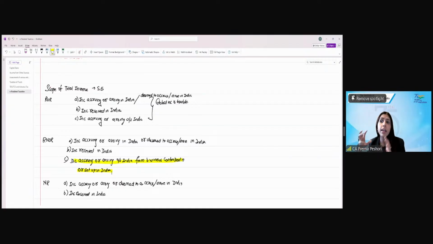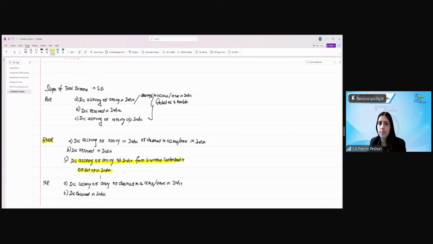But in effect, they are earning the income from controlling the business from India. And that is the reason why they created this concept of deemed residency. They are not saying that we'll tax your global income. They are saying we'll consider you RNOR so that we are able to tax these A and B. But if you are now considered as RNOR, we'll also be able to tax the C income. Are we getting this point?